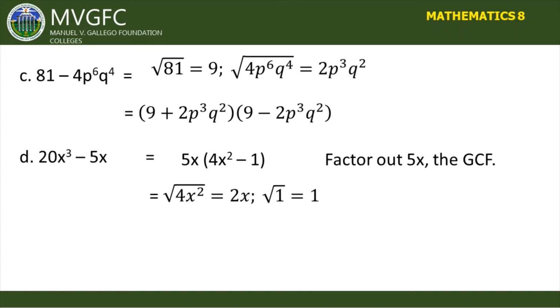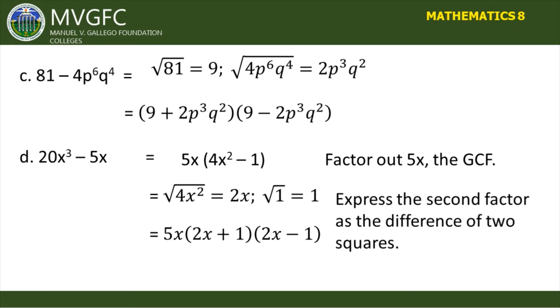So we can actually now use the difference of two squares method. So we have here the square root of 4x squared is equal to 2x, and the square root of 1 is equal to 1. So in that case, we have now 5x multiplied by quantity 2x plus 1 multiplied by quantity 2x minus 1.